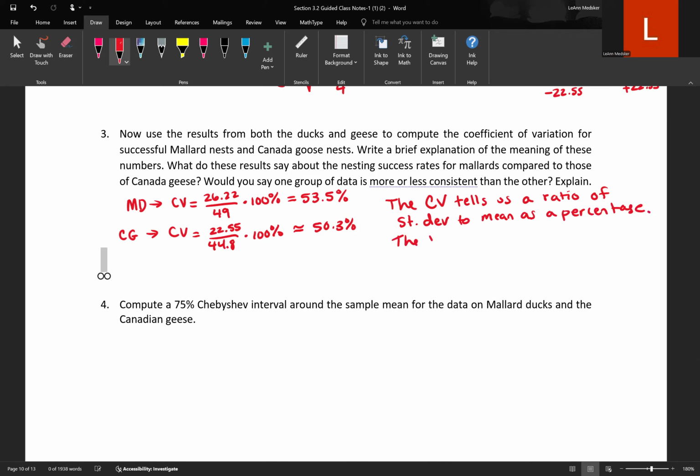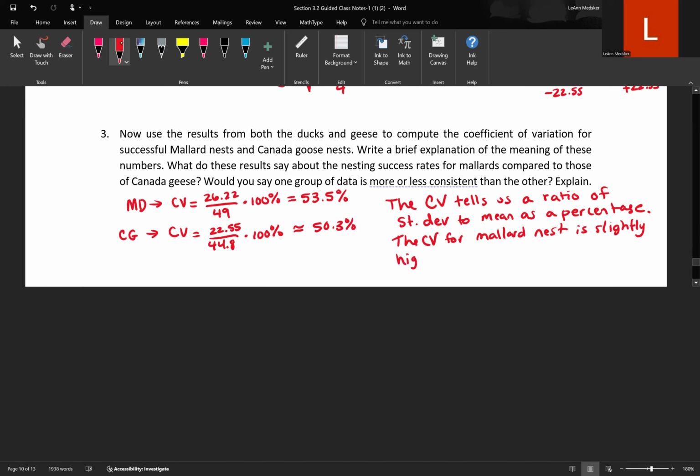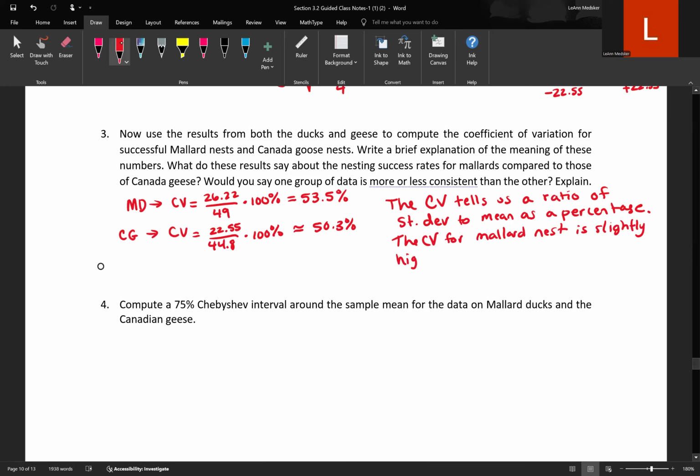The CV for mallard's nest is slightly higher. Sorry, this keeps trying to form text boxes.